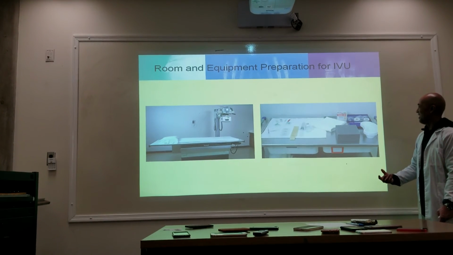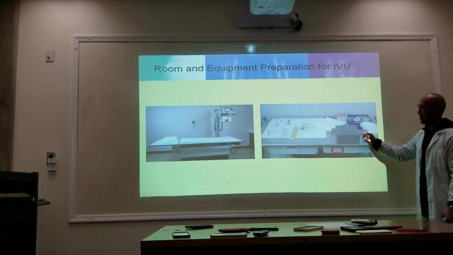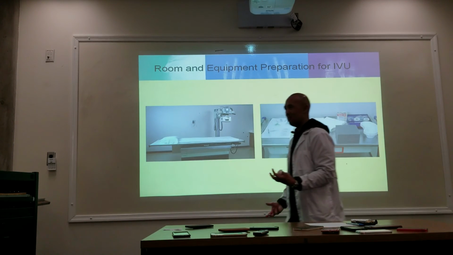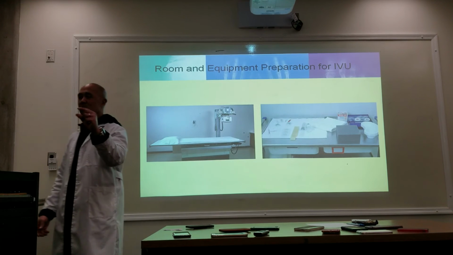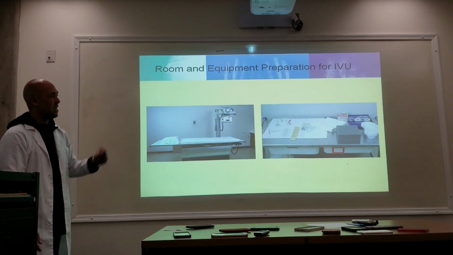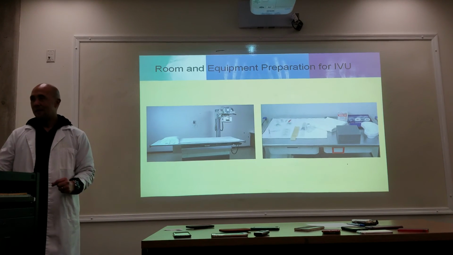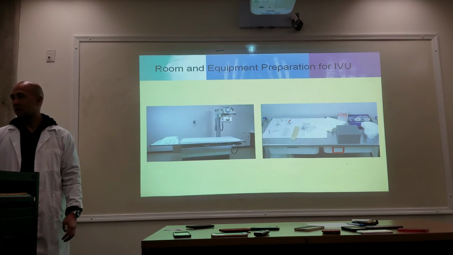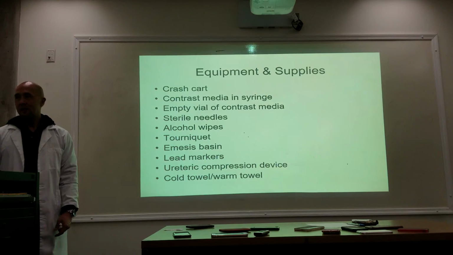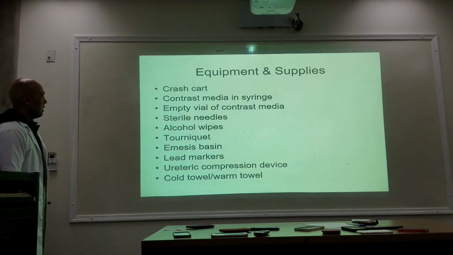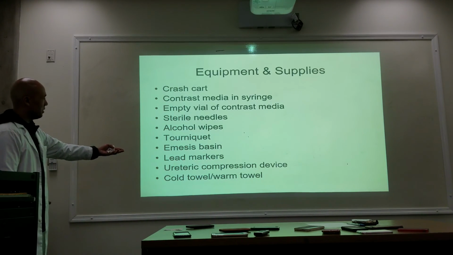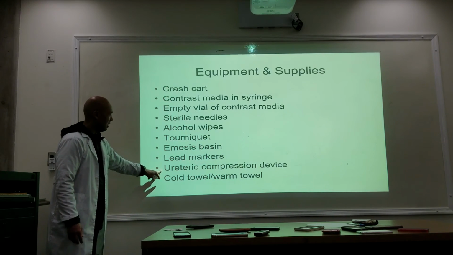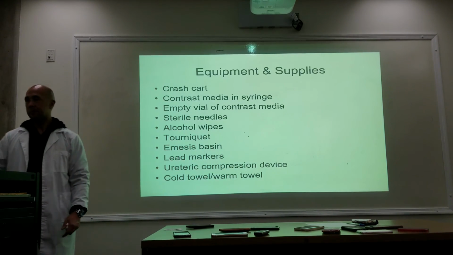Lead markers, if it's time. Some of you annotate that information in now, but we used to use lead markers that had the time stamped on them. And then, crash cart, we said crash cart. Sterile needles, alcohol wipes, tourniquet, emesis basins, lead markers, compression device, we'll talk about that later on, and also some towels.